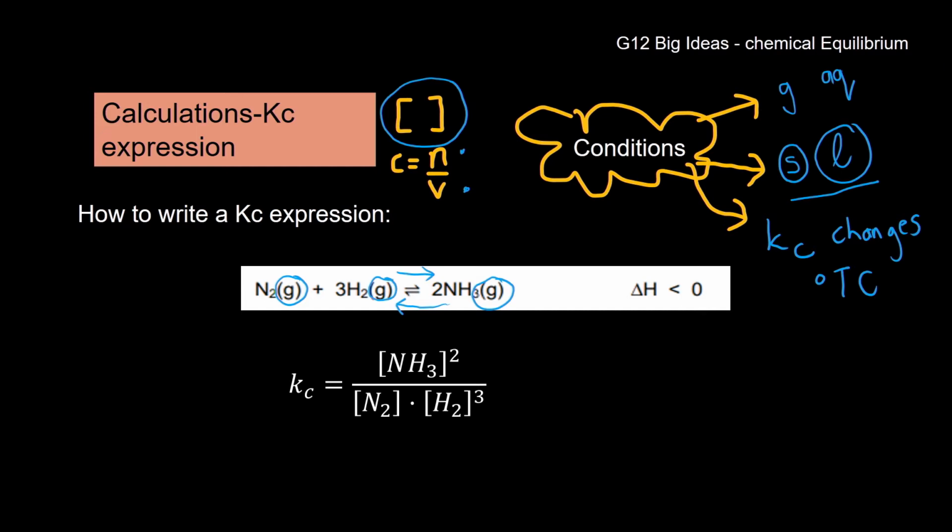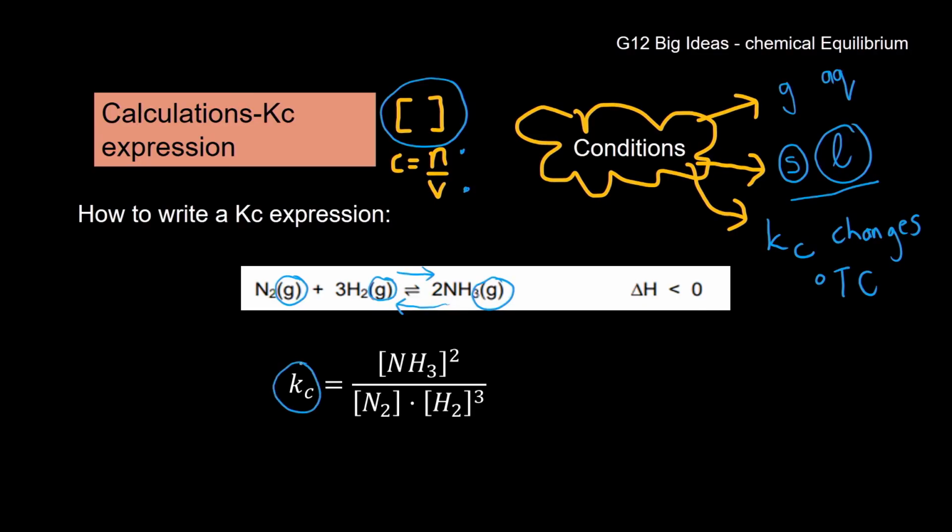So what is Kc really? The equilibrium constant is looking at the ratio, the comparison between the concentration of the product and the concentration of the reactant, of the forward reaction. So Kc here is the symbol, and the concentration of the product of the forward reaction is NH3.